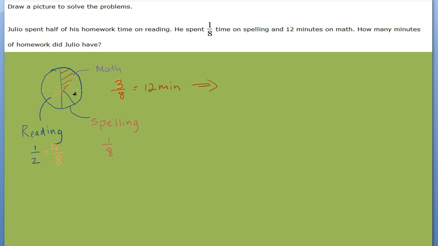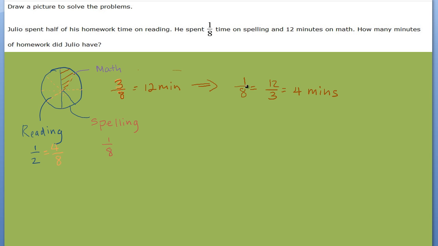We know that the time he spent on math was 12 minutes. So each one must be what? 4 minutes, right? Because if 3/8 equals 12, then 1/8 must equal 12 over 3, which equals 4 minutes.